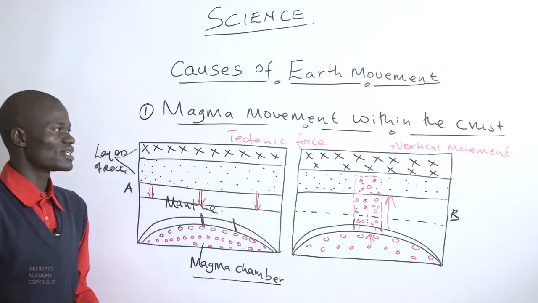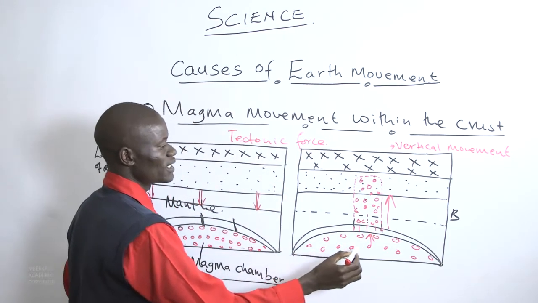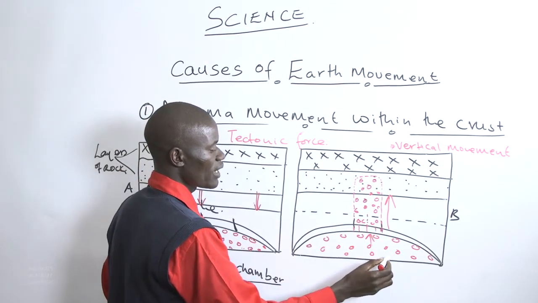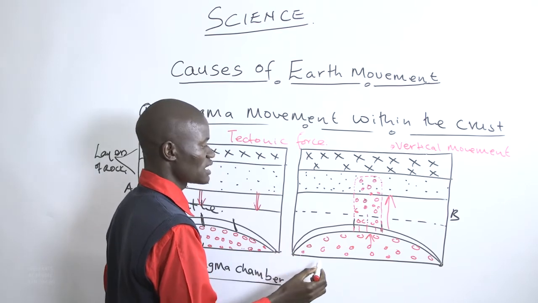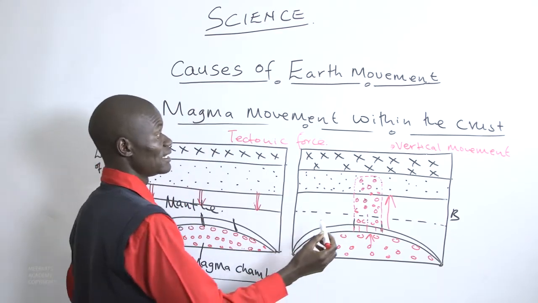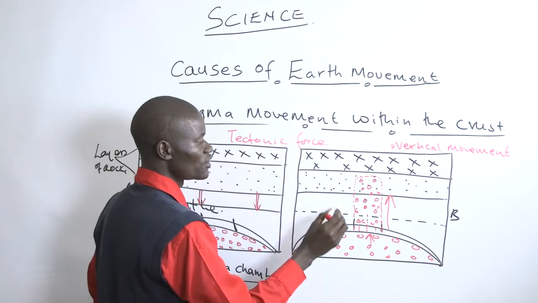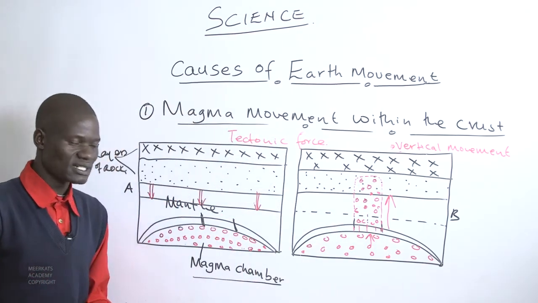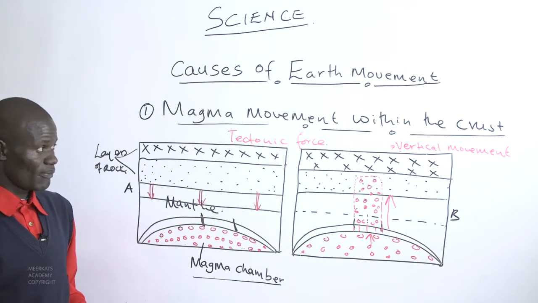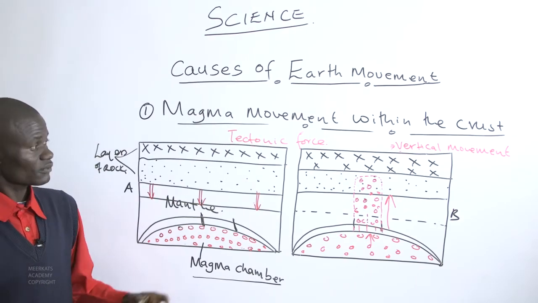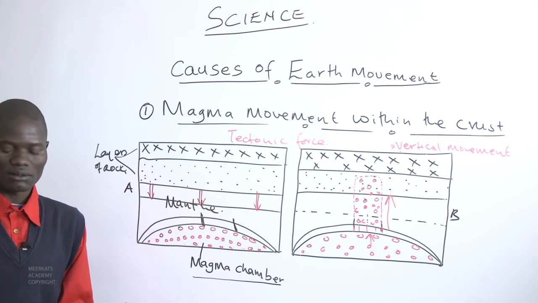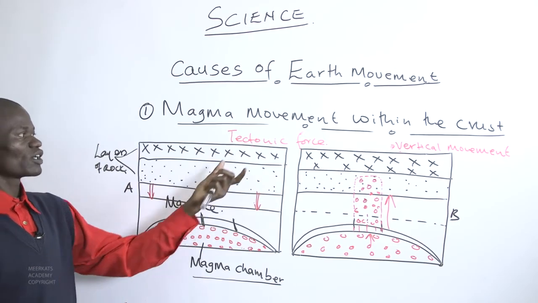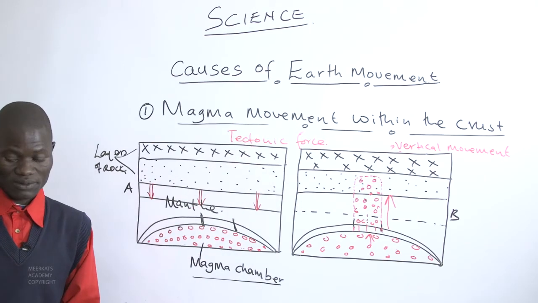Now, when this tectonic force is occurring where the magma is forcing itself into the crust, it is going to result in the movement we are discussing. This vertical movement of the crustal rocks has been caused by tectonic force.